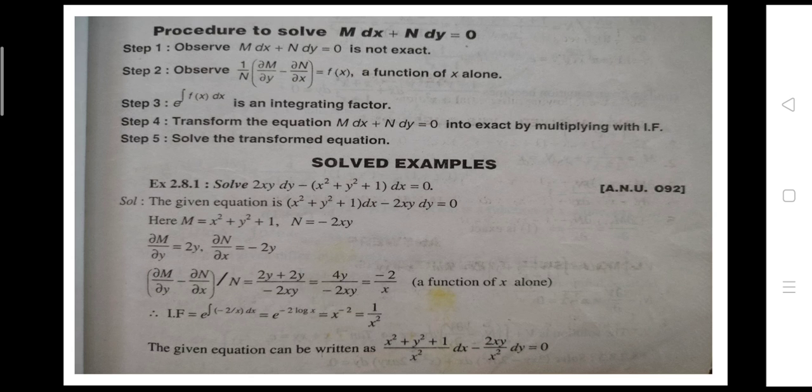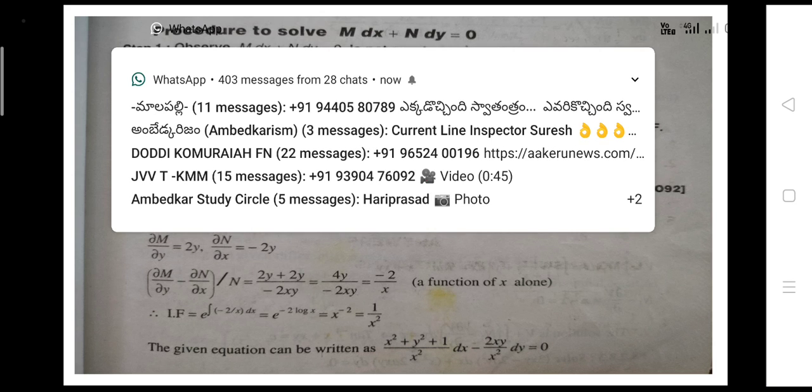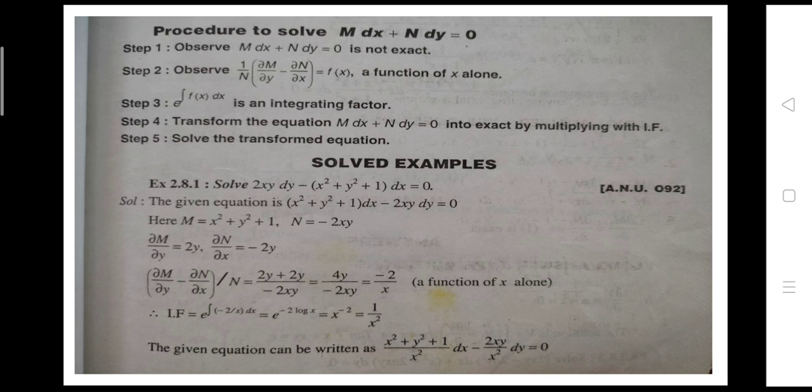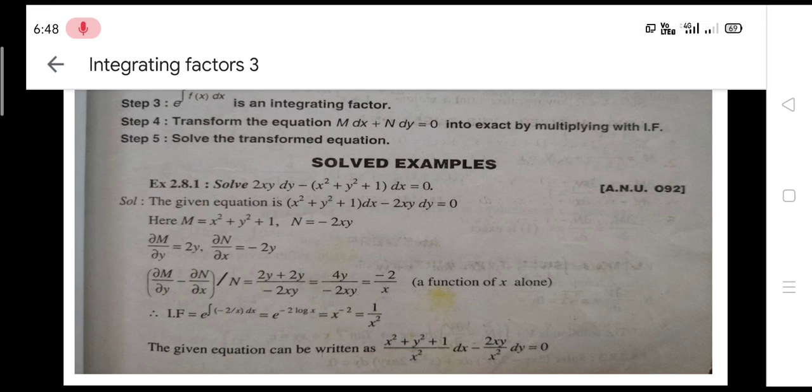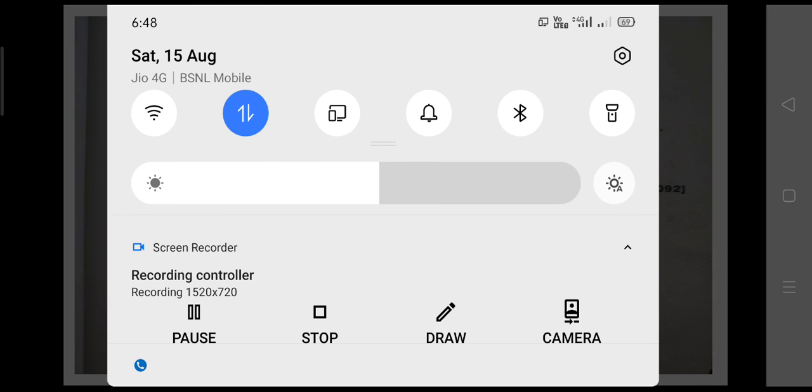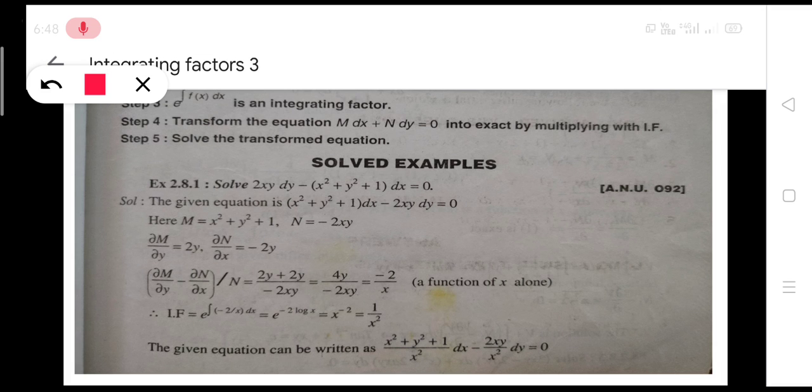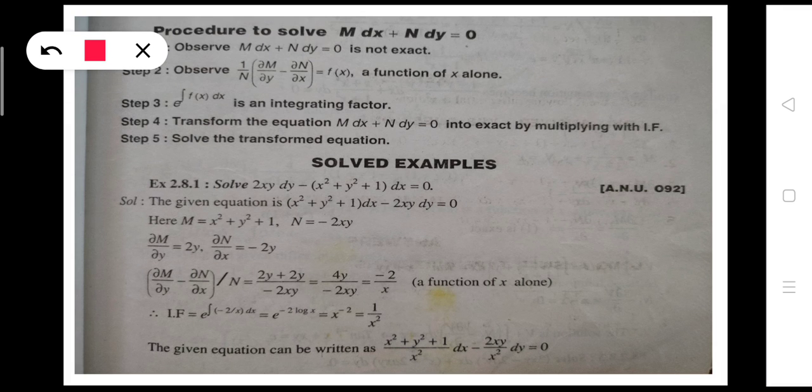Now let us observe one example based on the above concept: solve 2xy dy minus x square plus y square plus 1 into dx is equal to 0. Here this is not an exact differential equation.